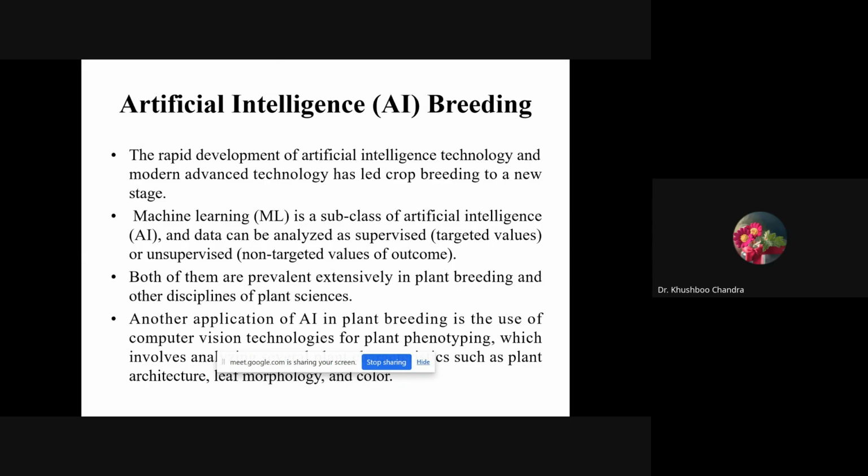And lastly, artificial intelligence and machine learning analyze large datasets. Whatever selection you are doing, whatever crossing and hybridization program you are doing, ultimately you have to decide based on the data you have collected, and that should get analyzed. If you do it manually, it is very cumbersome.